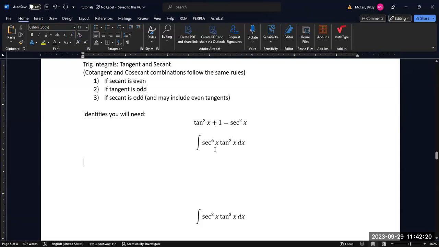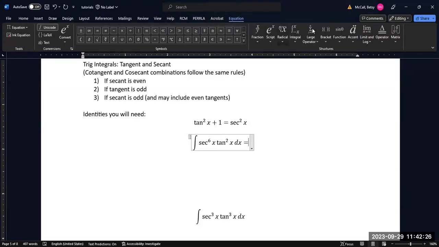So what we're going to do is pull out our secant squared, and then the remaining secants we're going to convert via the Pythagorean identity.